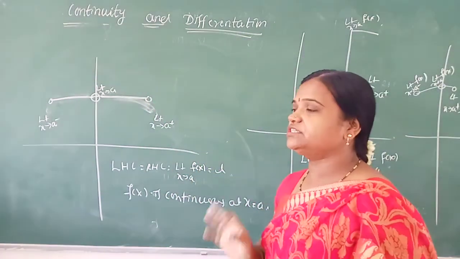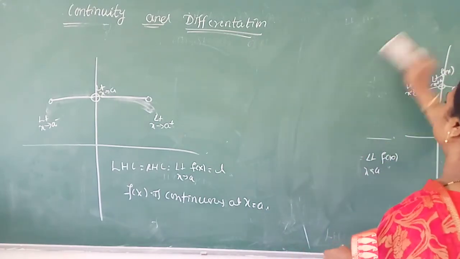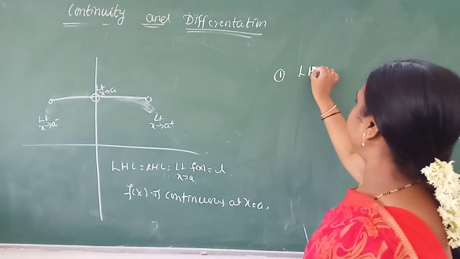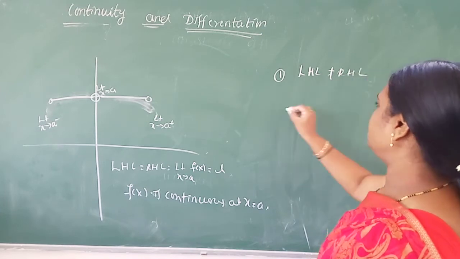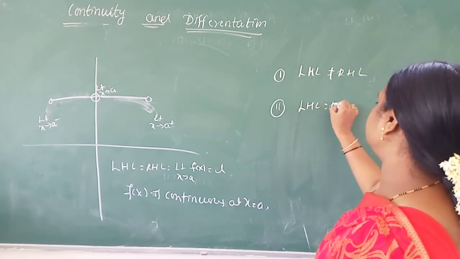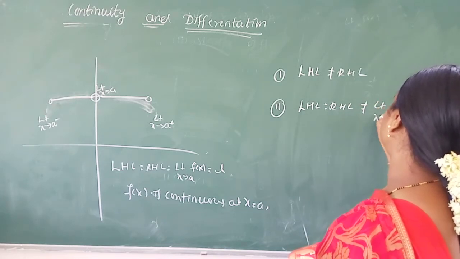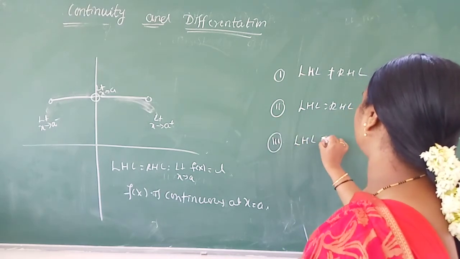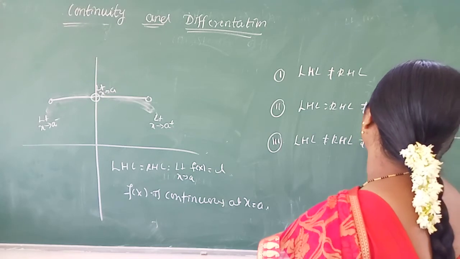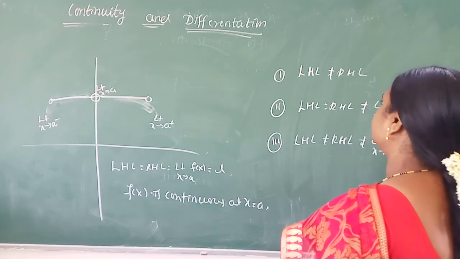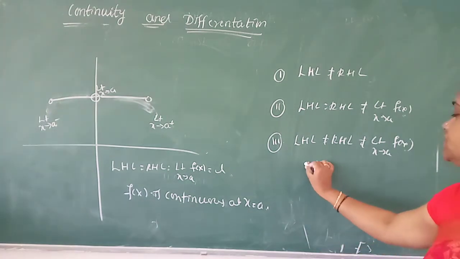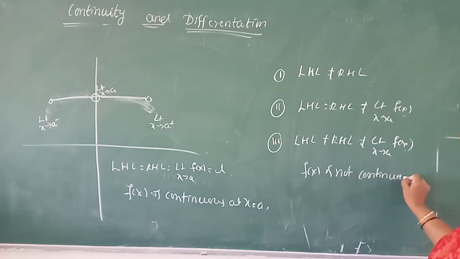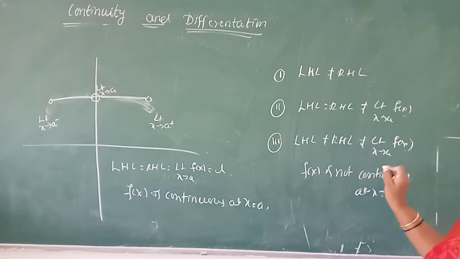Otherwise, if any one condition fails, that is LHL, first condition, LHL is not equal to RHL, or second condition, LHL equal to RHL, but this one is not equal to limit of the function x tends to a f of x, or third condition, LHL is not equal to RHL, and this one is also not equal to limit x tends to a f of x, in all the three cases, function f of x is not continuous at x equal to a.